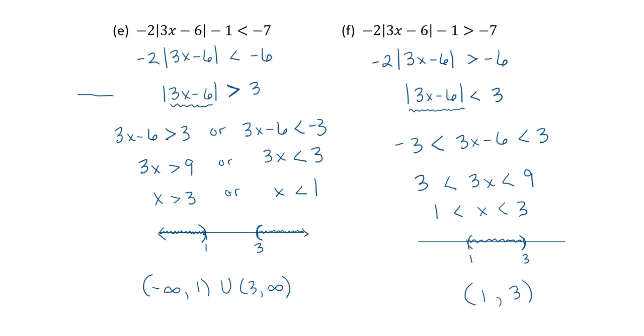So it's at this point in the solving process, once you have the absolute value isolated, that you can decide if you're going to have two outside intervals or a single inside interval, and that will be consistent once you get down here to your answers.